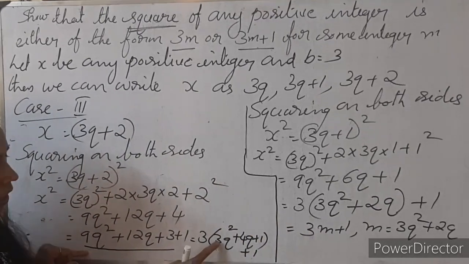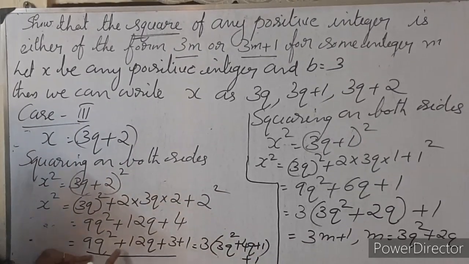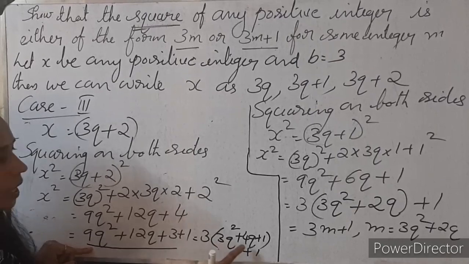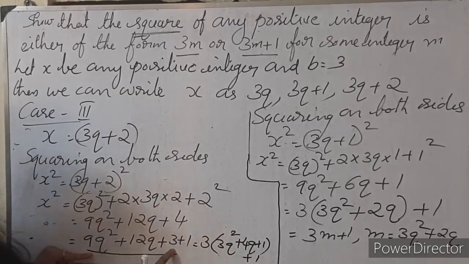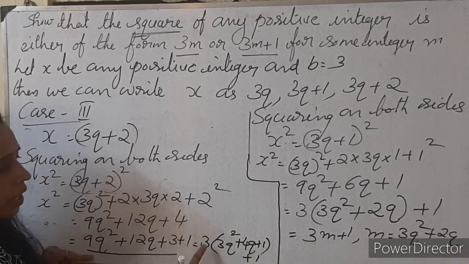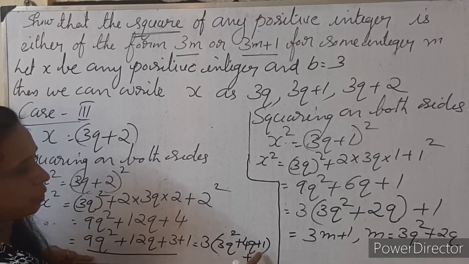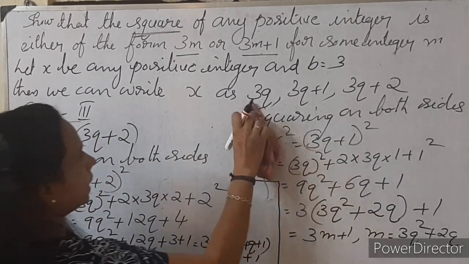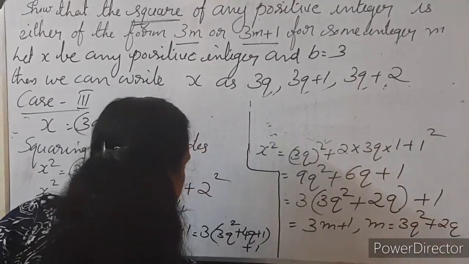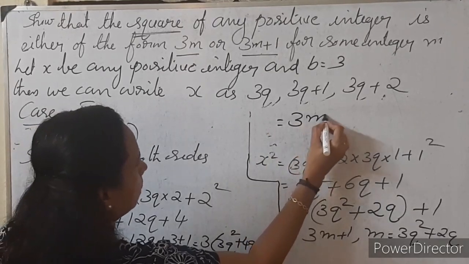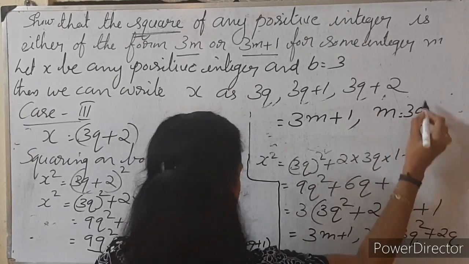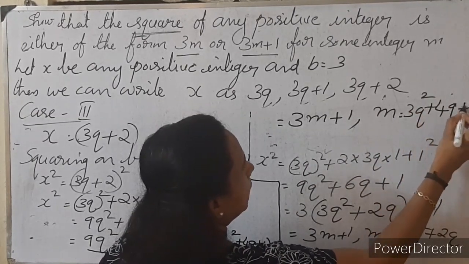So 3 into 3q square plus 4q plus 1, plus 1. We can write this as 3m plus 1, where m is equal to 3q square plus 4q plus 1.